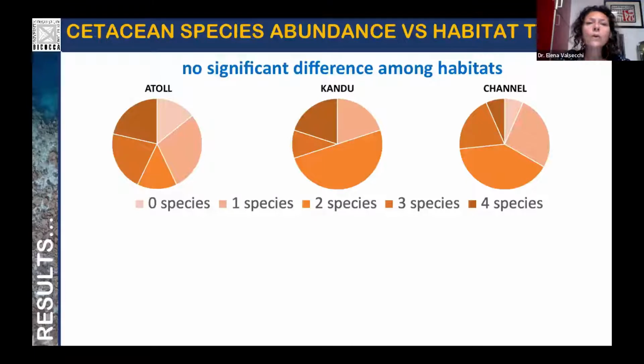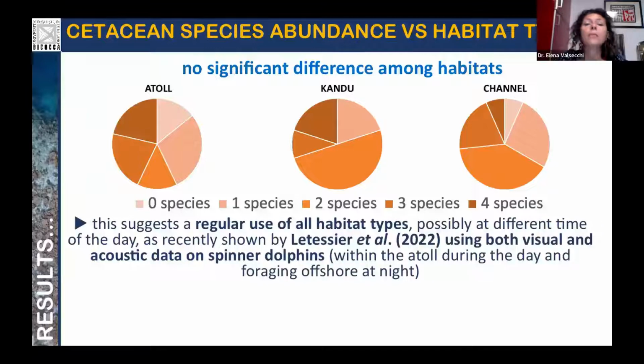We also looked at species abundance in relation to habitat type, but we didn't find any significant differences. That suggests a regular use of all habitats by cetaceans, supporting what was found by Letizier et al., who used both visual and acoustic data on the distribution of spinner dolphins, showing that spinner dolphins tend to be within the atoll during the day and go out to feed at night.